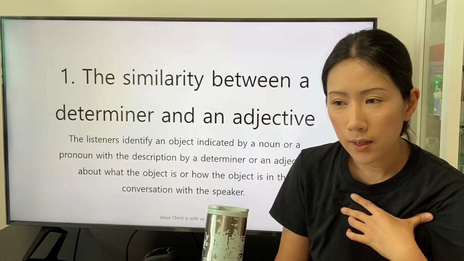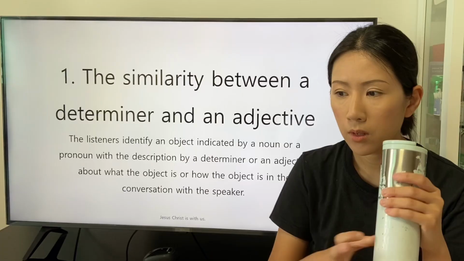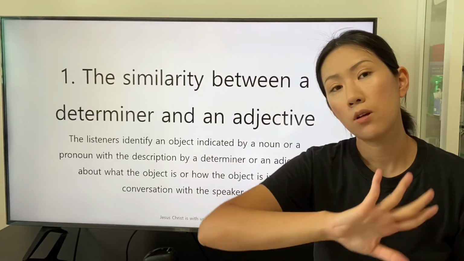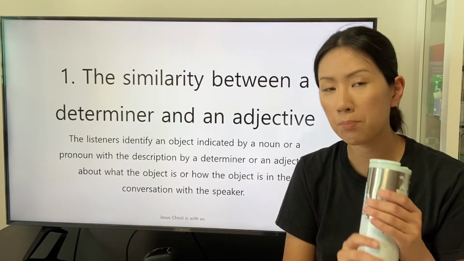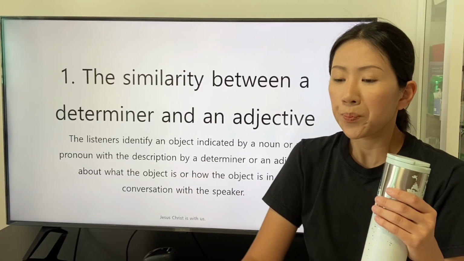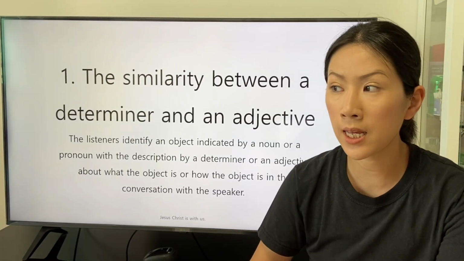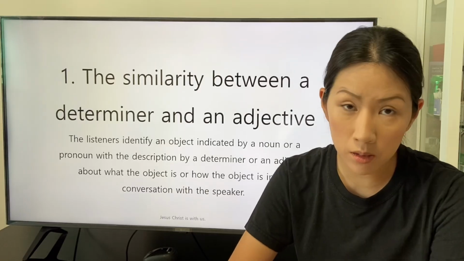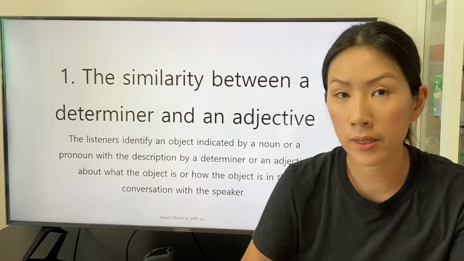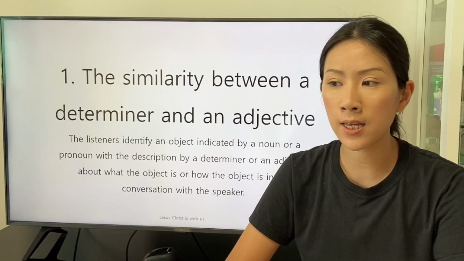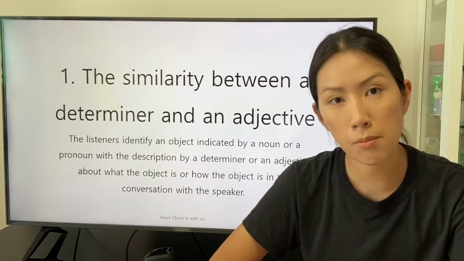The speaker might want to specify this bottle out of the subject indicated by the general noun bottle. There can be a red bottle, there can be his bottle, there can be a beautiful bottle.